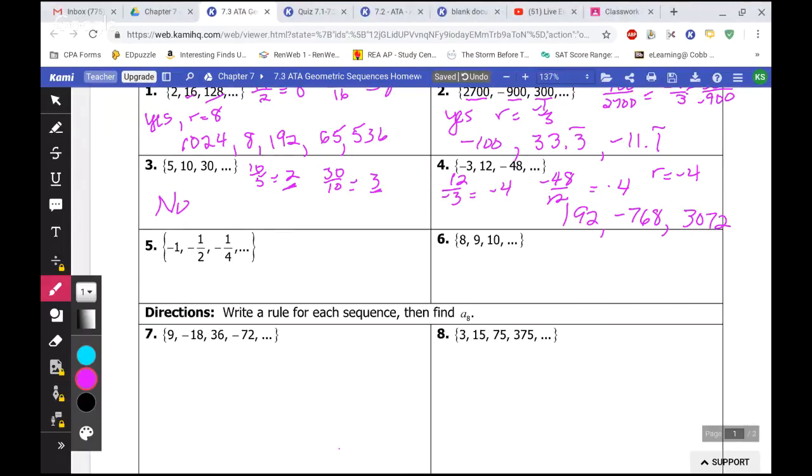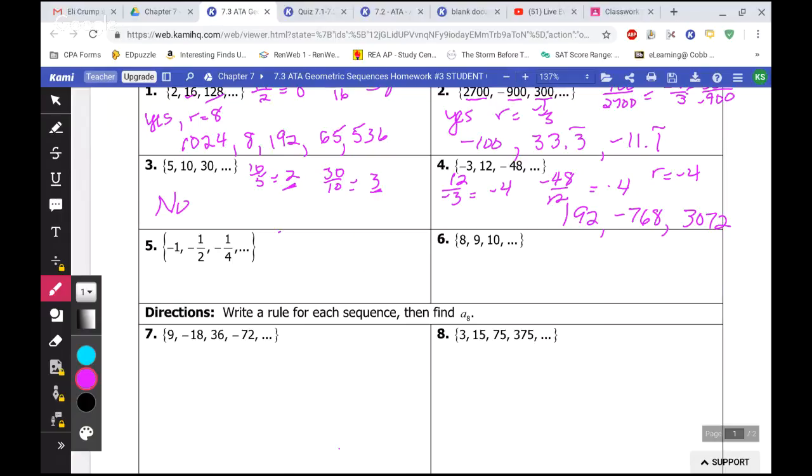All right, and then on this one, basically what I can kind of see going on here is that everything's being multiplied by 1/2 or divided by 2. You could look at it that way as well. But I can see if I have a negative 1 and I go to a negative 1/2, and I go from negative 1/2 to negative 1/4.